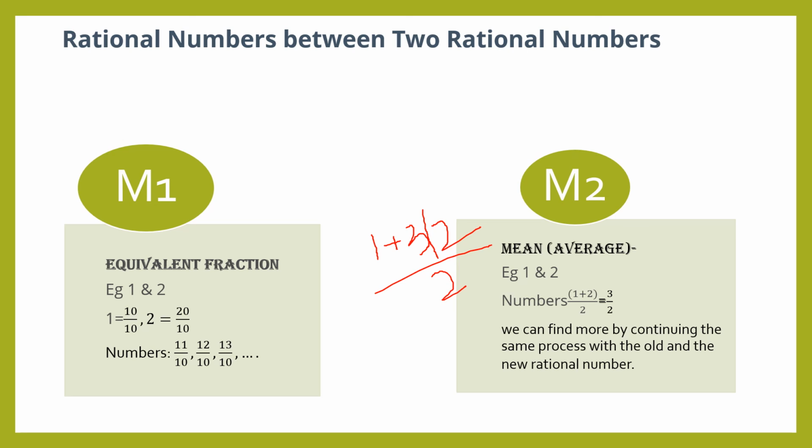Like this, you just have to change the numbers and find the average again and again, and you will get more and more numbers. It is quite a time-taking process. So if you find this convenient, then you can use this method. Otherwise you can go for the equivalent fraction method.